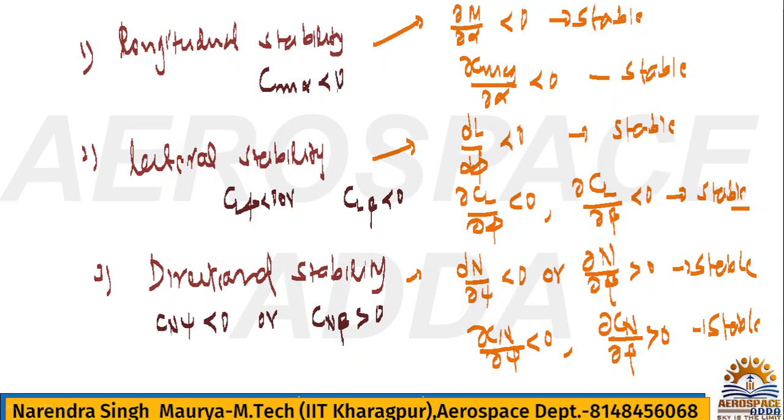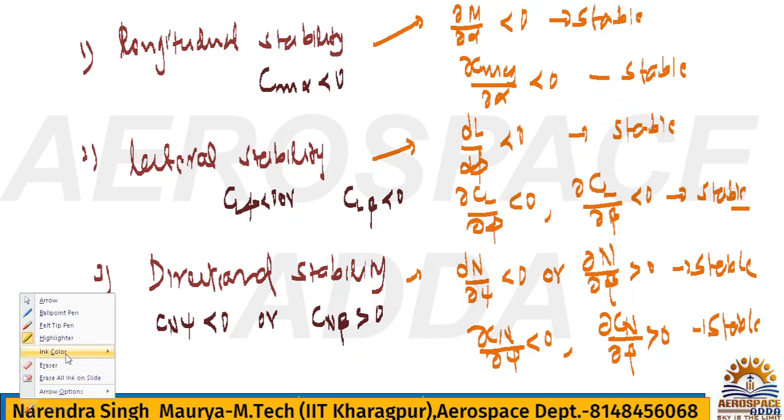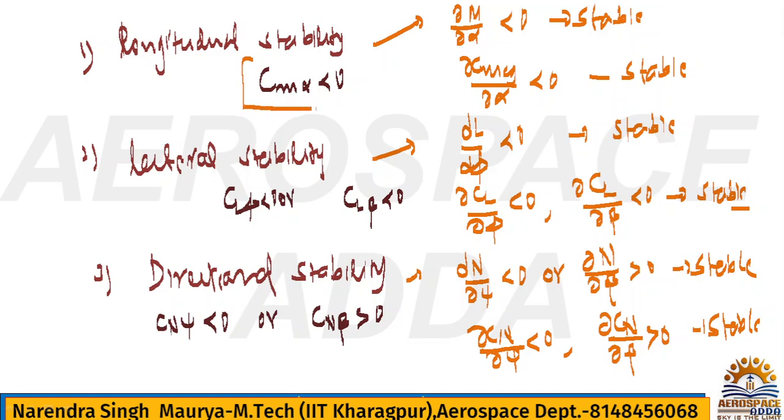Cm alpha must be less than 0. There should not be any confusion. If in the exam they ask Cm alpha greater than 0, Cm alpha less than 0, Cm alpha equal to 0, but you don't know the meaning of Cm alpha, then you will not be able to answer. Cm alpha means dCm/dα. Similarly, Cl phi means dCl/dφ.